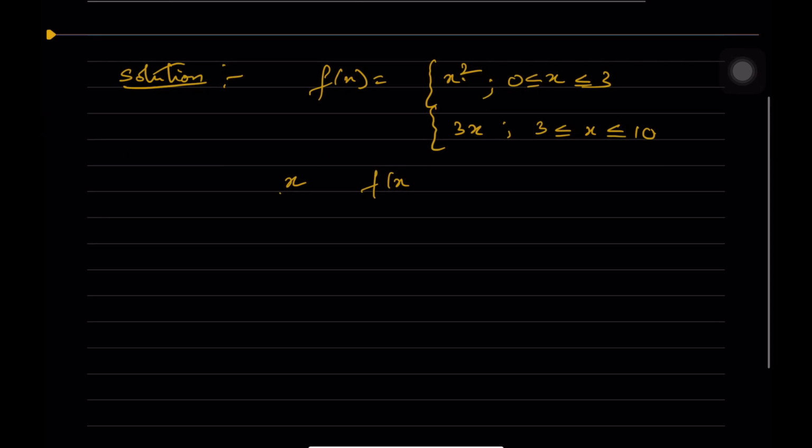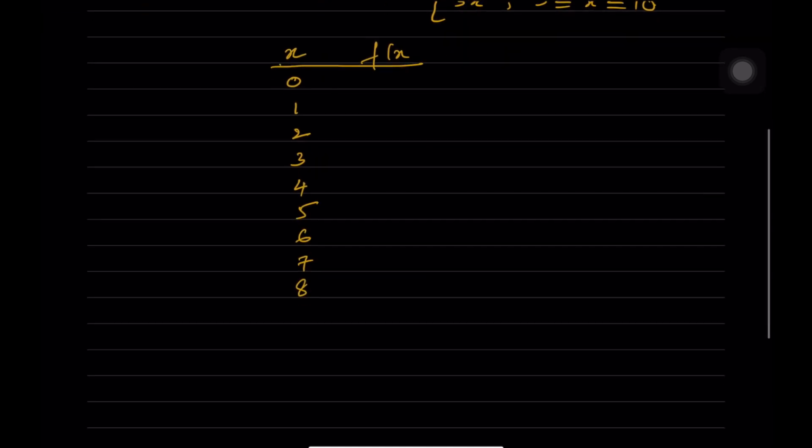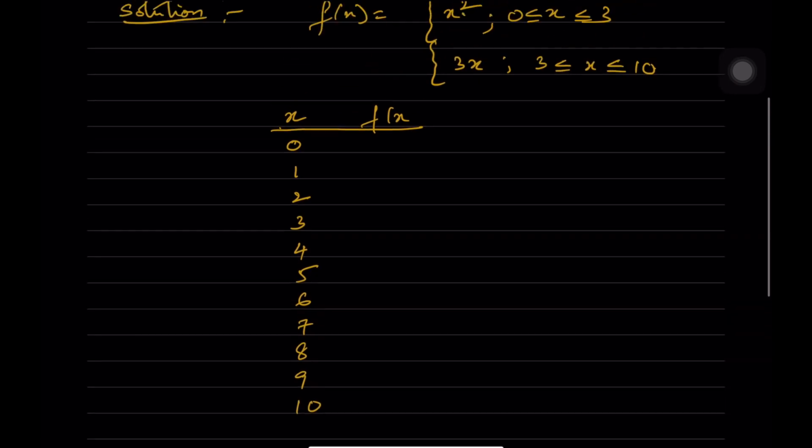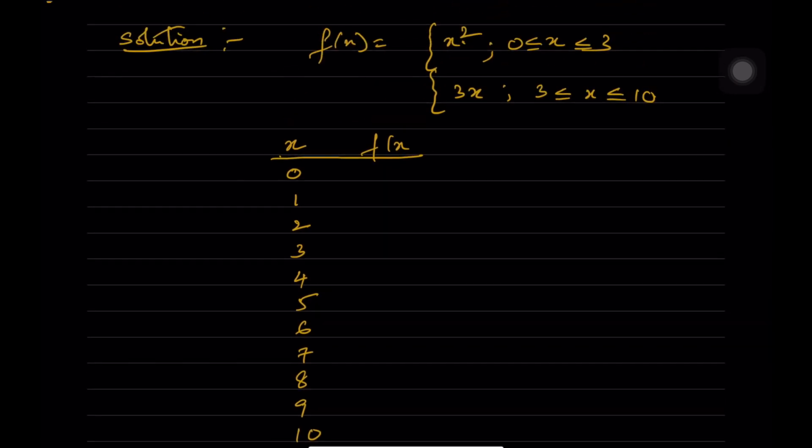You can see the values between 0 and 10, so you can write 0, 1, 2, 3, 4, 5, 6, 7, 8, 9 and 10. These are the values x is taking. When x is 0, x lies between 0 and 3, so it's x square, and we get 0 square, that is 0.